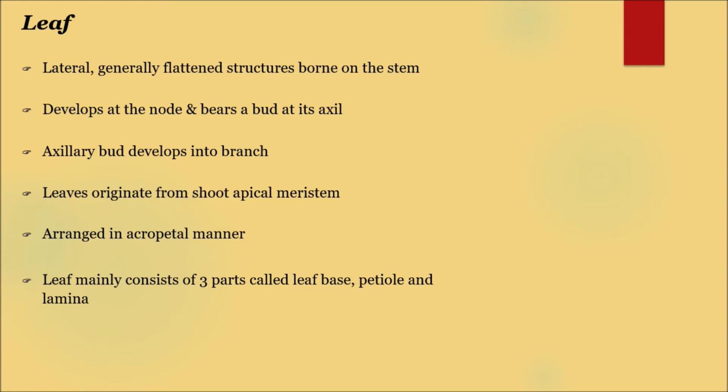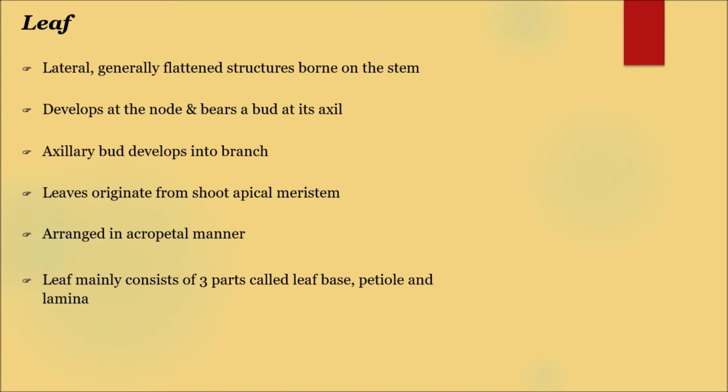Leaves originate from shoot apical meristem and these leaves are arranged in acropetal manner. We know what is meant by acropetal manner, that is the new ones are placed at the top or at the axil, and leaf mainly consists of three parts. They are leaf base, petiole and lamina.